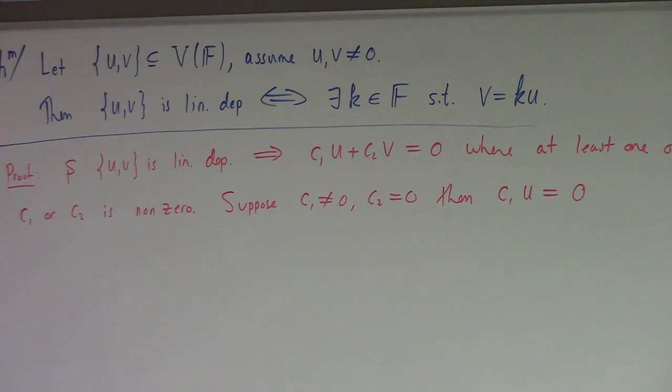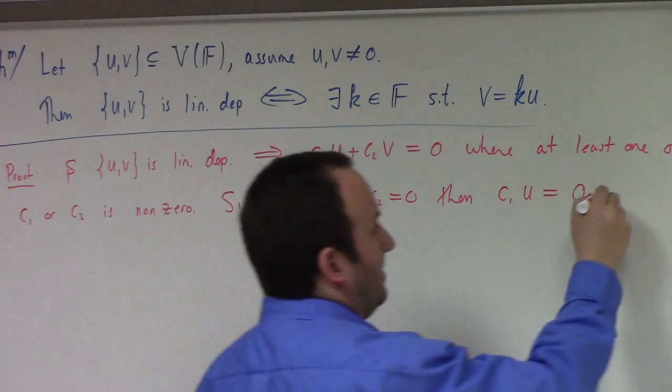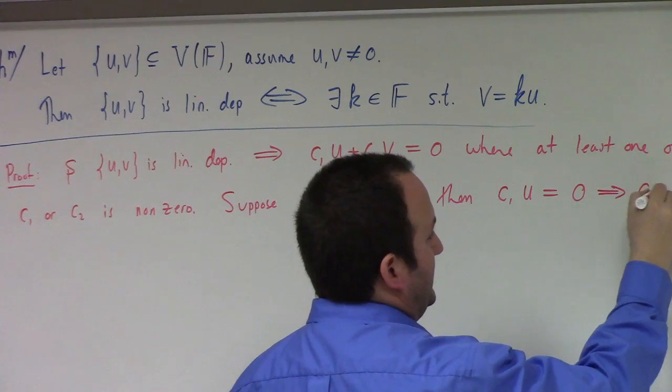But what did we get? What was one of our basic things we derived from the axioms of a vector space? If the product of a scalar and a vector is 0, either the scalar is 0 or the vector is 0. Right? But the vector is assumed to be non-zero, so what does this force? This forces C1 equal to 0.